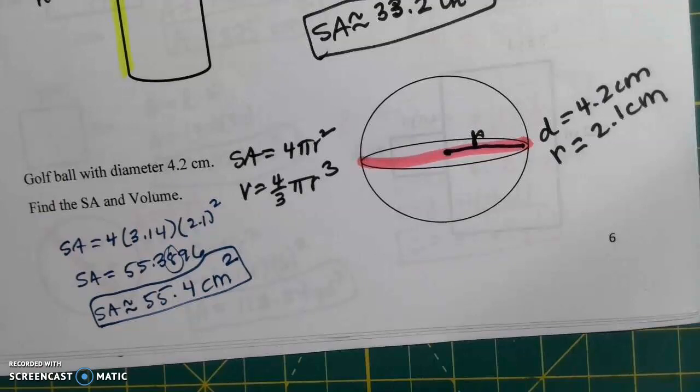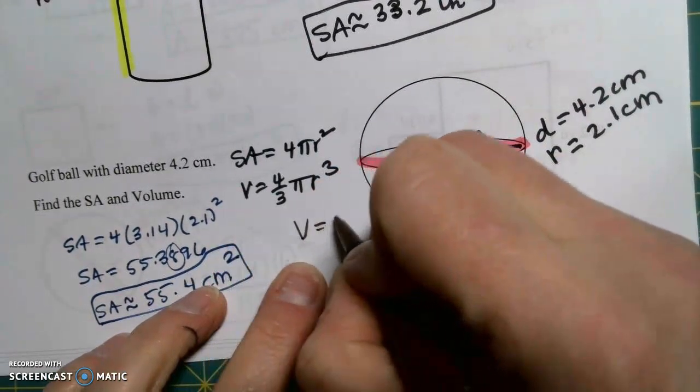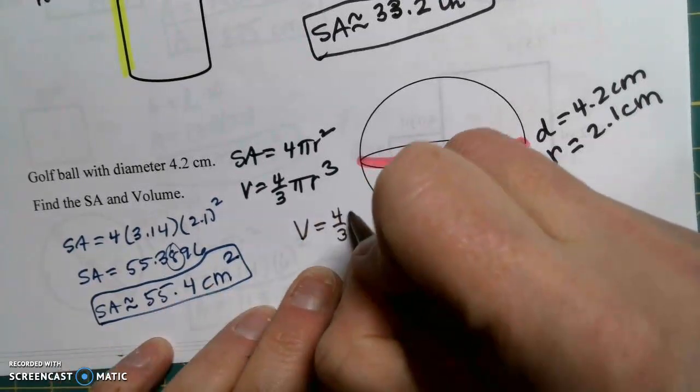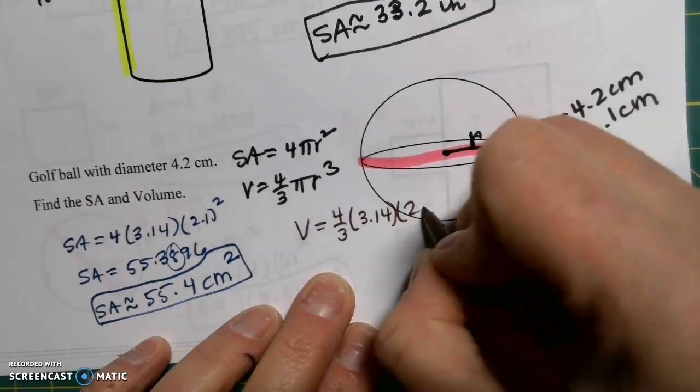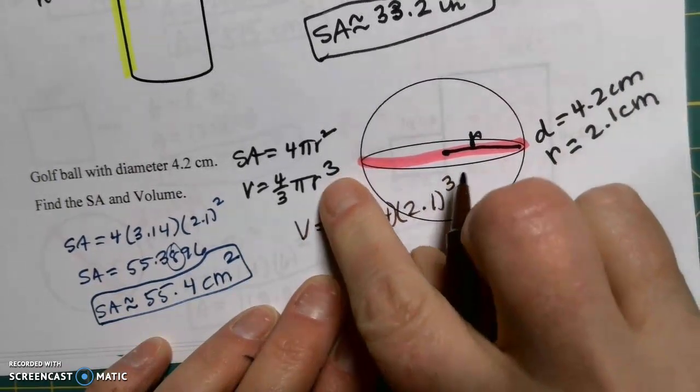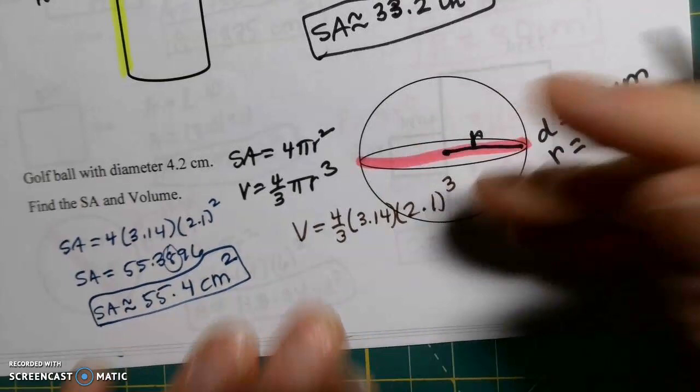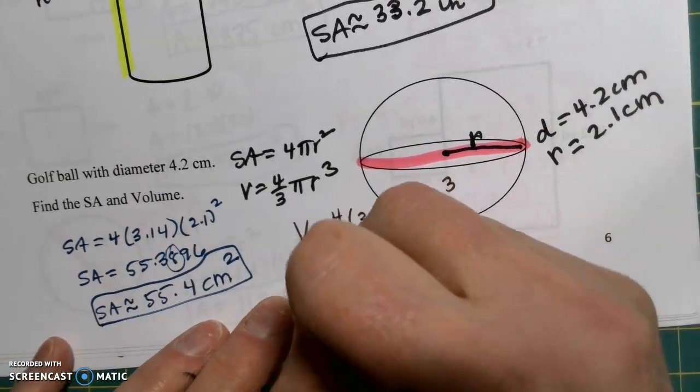Volume. A very similar formula. Again, we only need the radius. So 4/3 times 3.14 times that radius. This time it's cubed because we're looking at volume, so we're talking about cubic units.